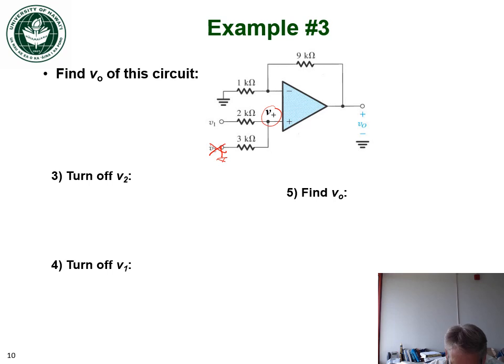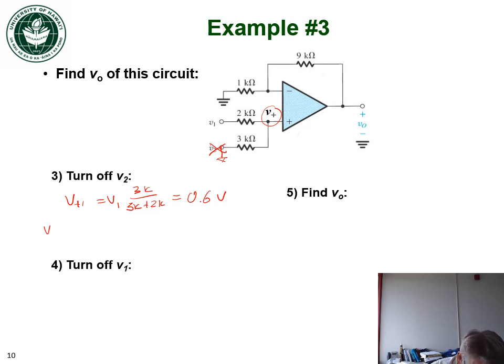Now we'd like to find V plus as a function of V1. You can see that the 2K and the 3K set up a voltage divider. So V plus from input 1 is equal to V1 times the voltage divider, which is 3K over 3K plus 2K. That's equal to 0.6 V1. Now we can treat this like a non-inverting amplifier and figure out the output from voltage V1.